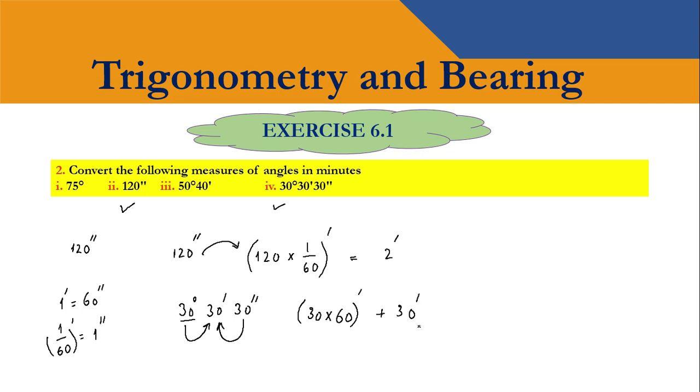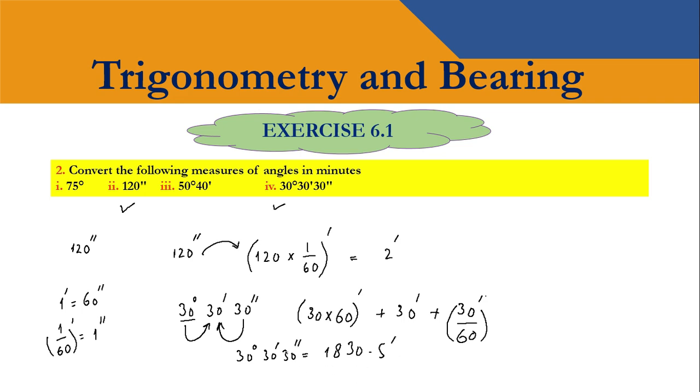We don't do anything with these minutes because we need the answer in the minutes, plus 30 seconds divided by 60 to convert them into the minutes. So combining all these answers, 1830.5 minutes is equals to 30 degree, 30 minutes and 30 seconds.